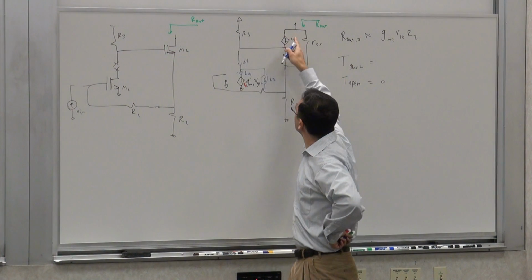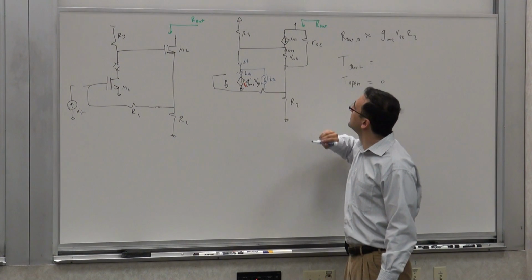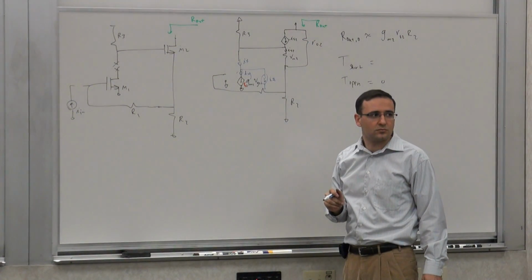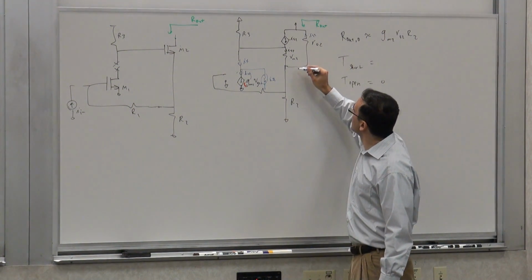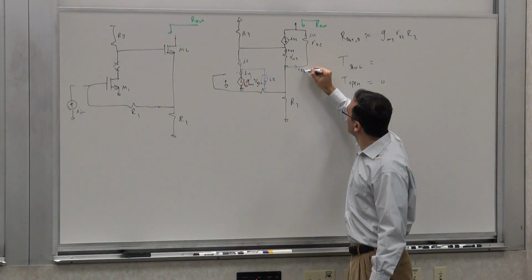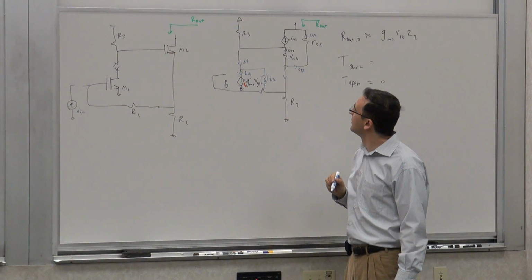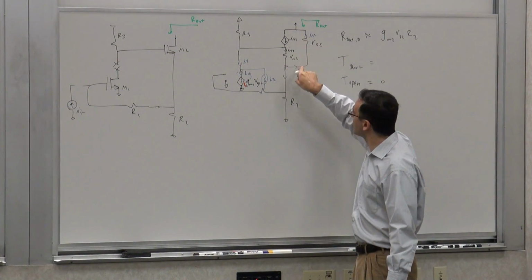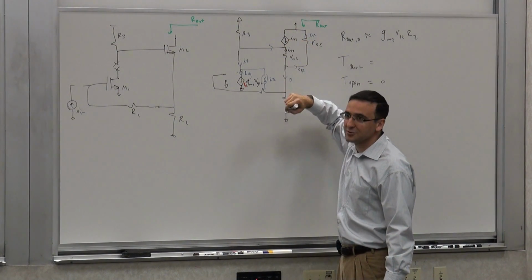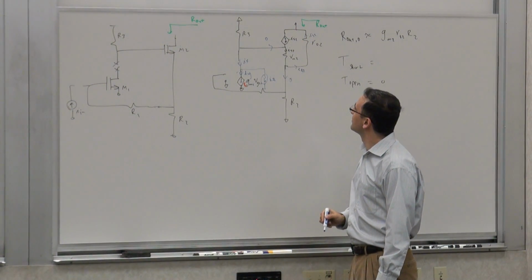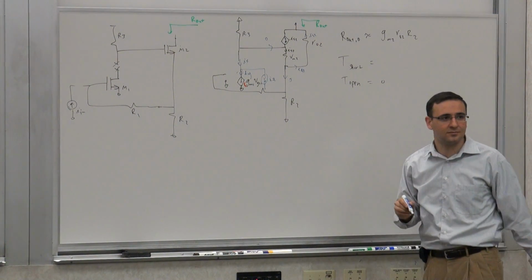If this is open here, what can you say about the current through RO2? It's IS2, right? Has to be. So this current is IS2, this current is IS2. What is this current? 0. So will anything come back? No. So T open is 0.